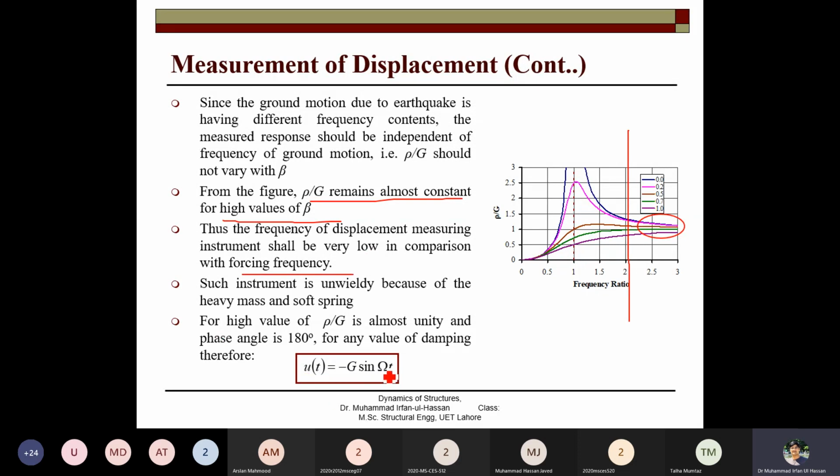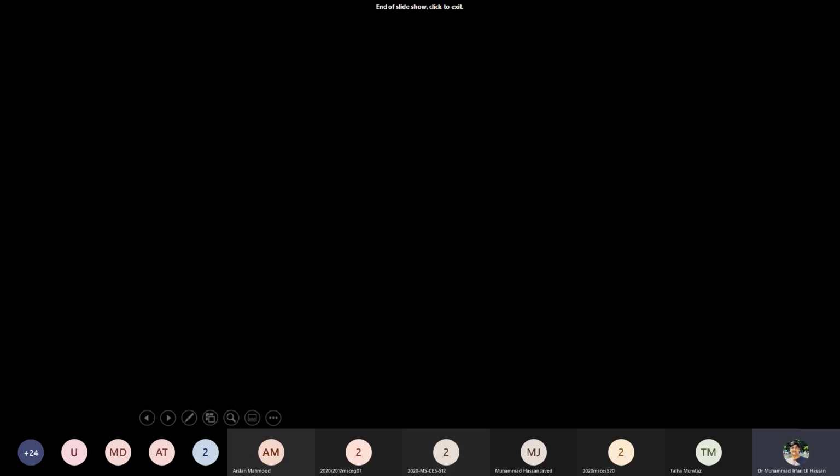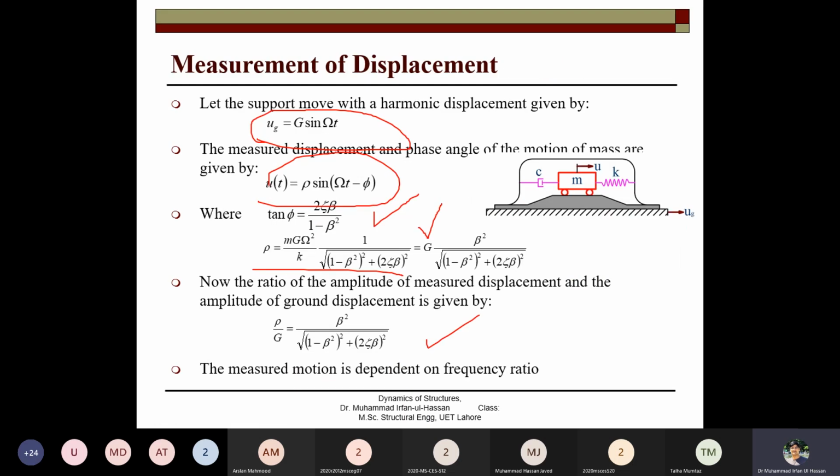So we can apply this function to measure the value of the ground displacement. So this was about the general idea of how we measure ground vibrations and ground acceleration, and the basic philosophy for measuring these.